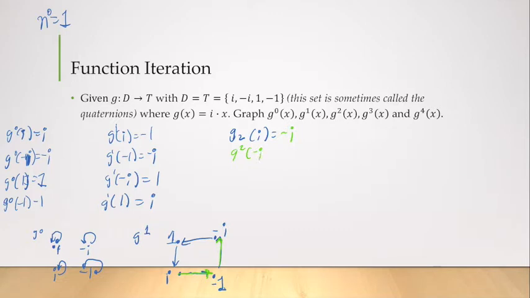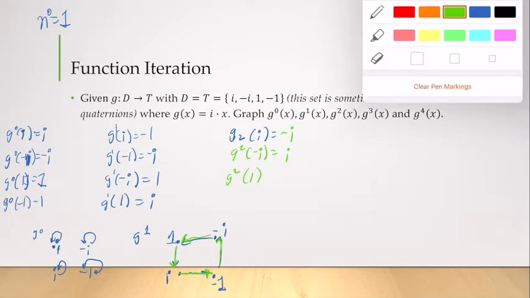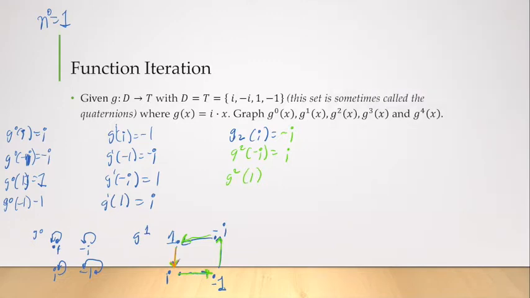Now if I'm looking at g^2 of negative i, negative i originally went to 1, but I'm applying it twice, so now it goes to positive i. g^2 of 1 originally went to i, but we're applying it twice, so now it goes to negative 1. And g^2 of negative 1, well, negative 1 originally went to negative i, but then we apply it again, and it goes to 1.